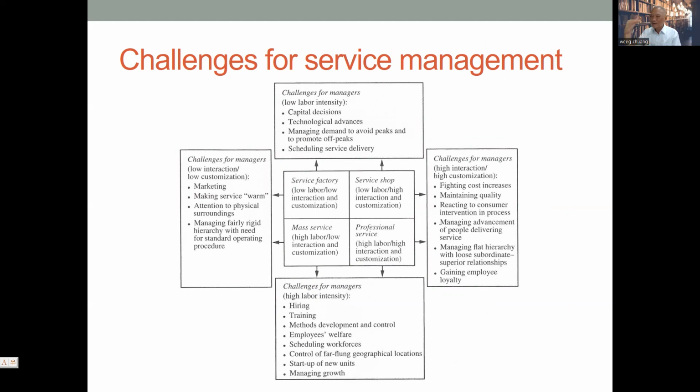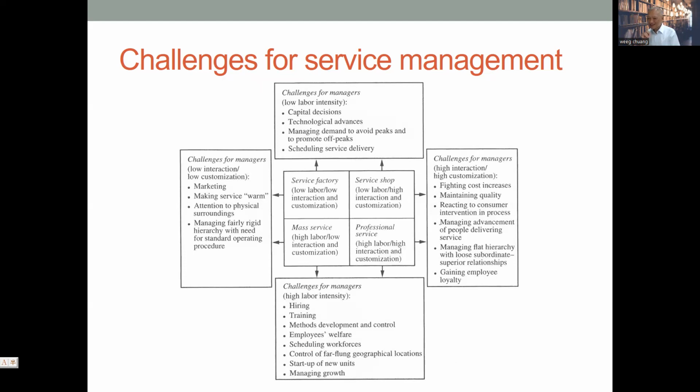For the upper part, low labor intensity, we have to consider capital decisions, technological advances, managing demand to avoid peaks and to promote off-peaks, and scheduling service deliveries. That's the challenge for low labor intensity.